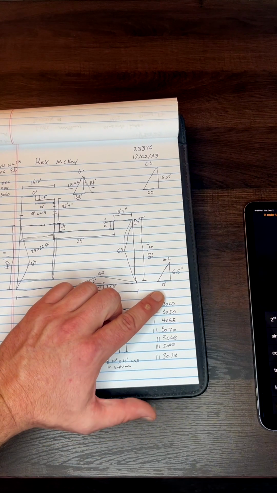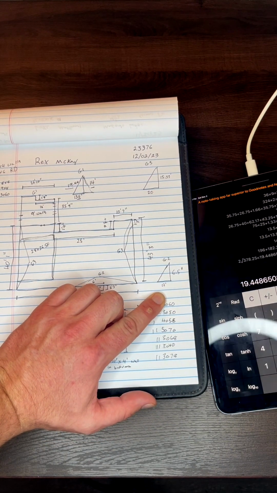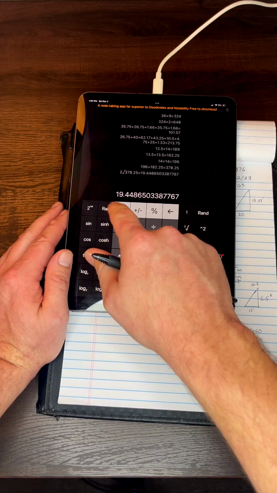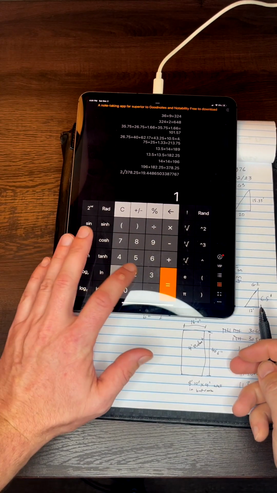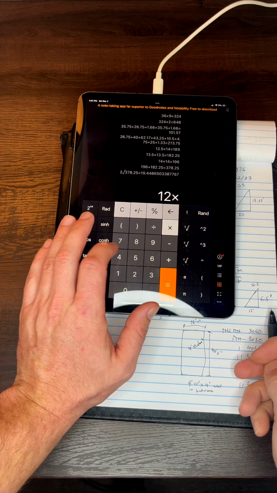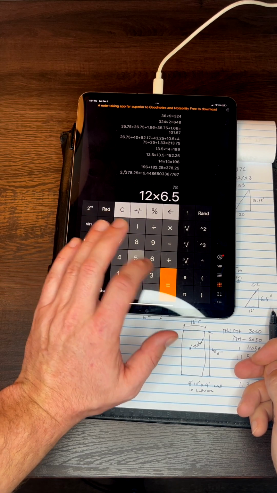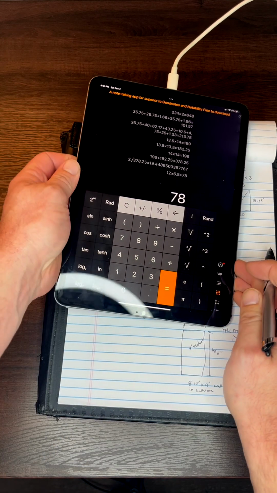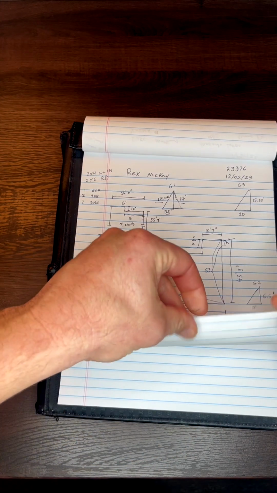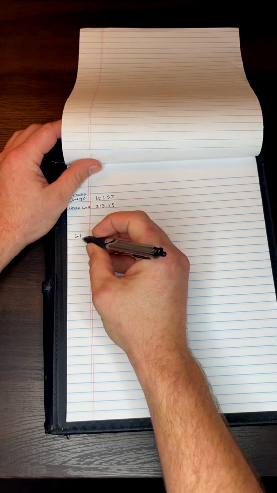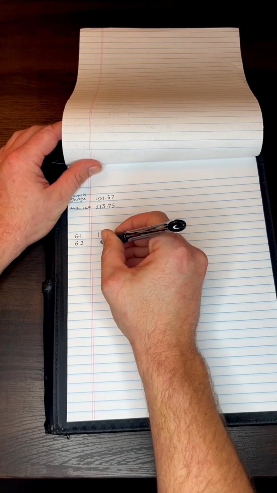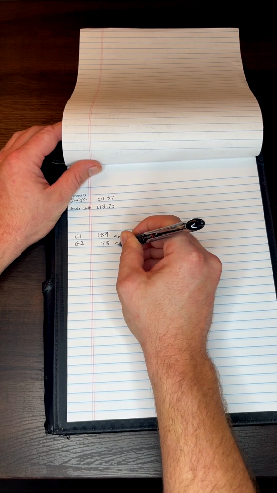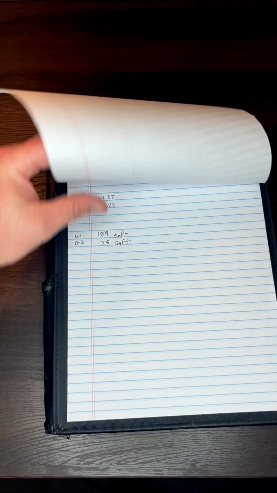G2, down here, let's find that area. 12 times 6.5 equals 78 square feet. Okay.